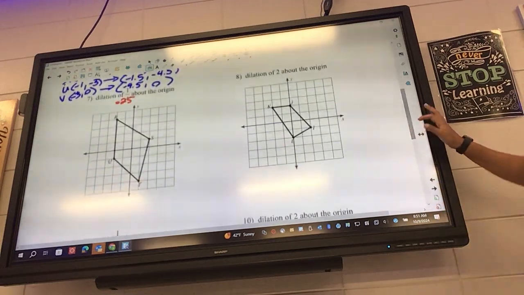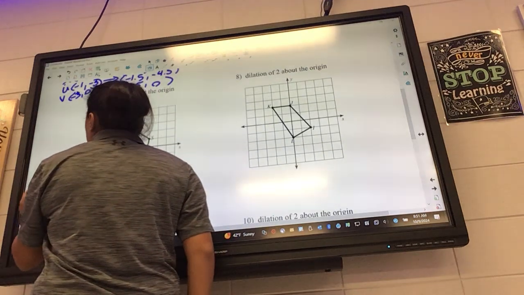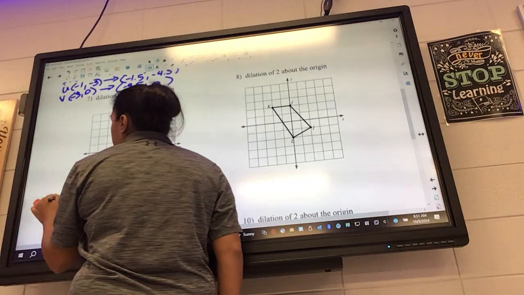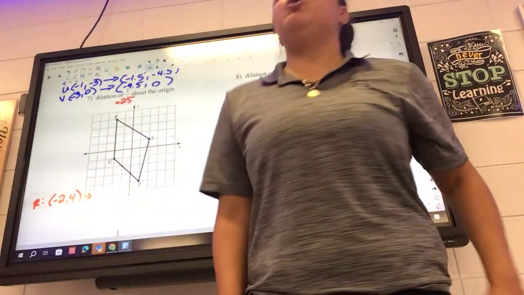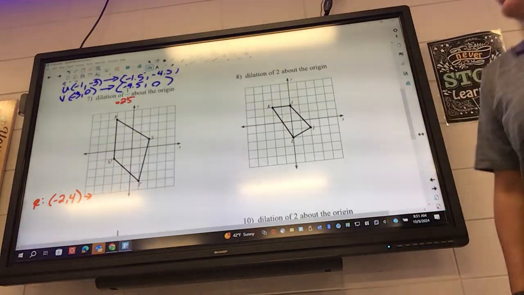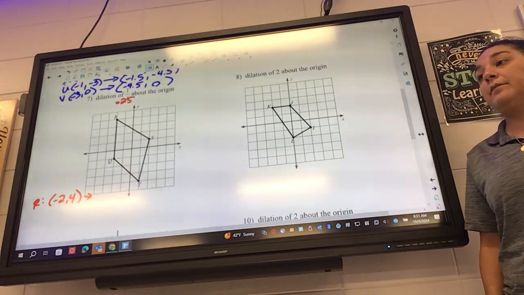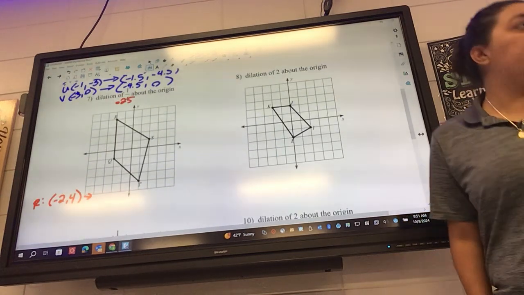Okay, so let's start with R. R is negative 2, positive 4. We're going to times each piece by 0.25. So negative 2 times 0.25. This is where you guys come in. Negative 0.5.